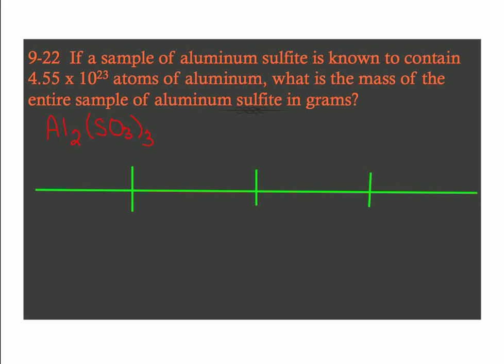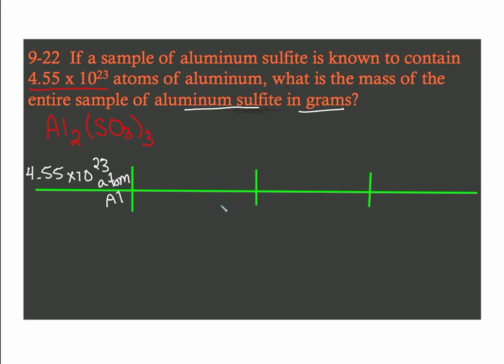So I'm going to have 1, 2, 3 steps. You start with your given. So I have 4.55 times 10 to the 23rd atoms. Notice you have atoms of aluminum. And we're asked for mass of aluminum sulfite.